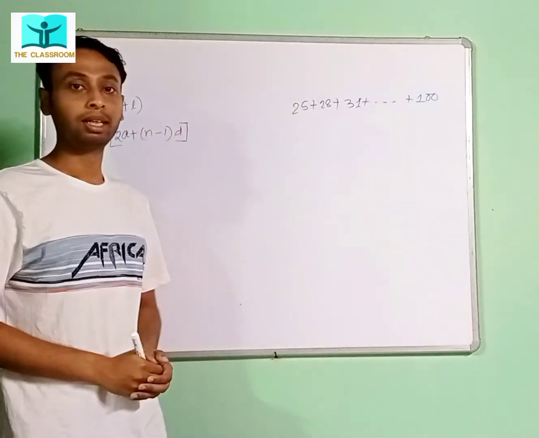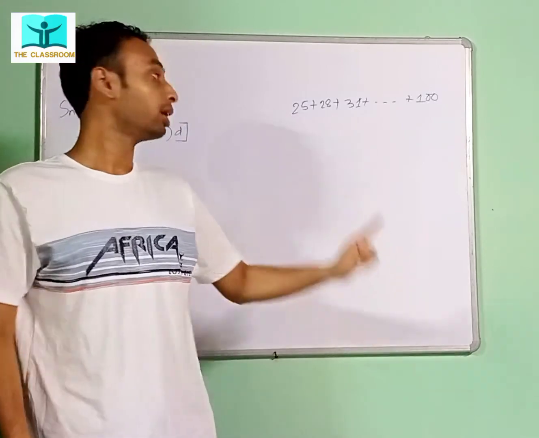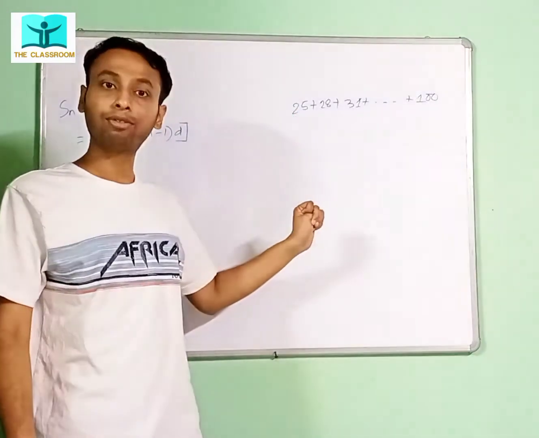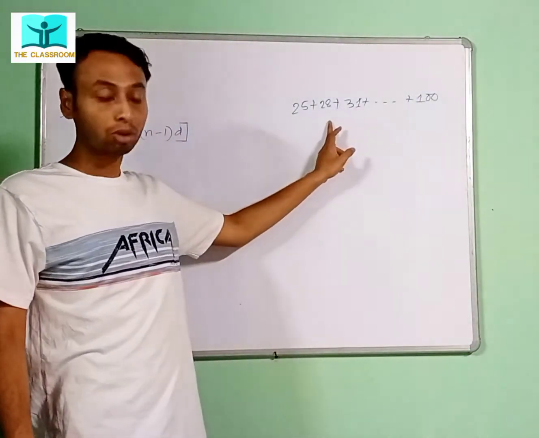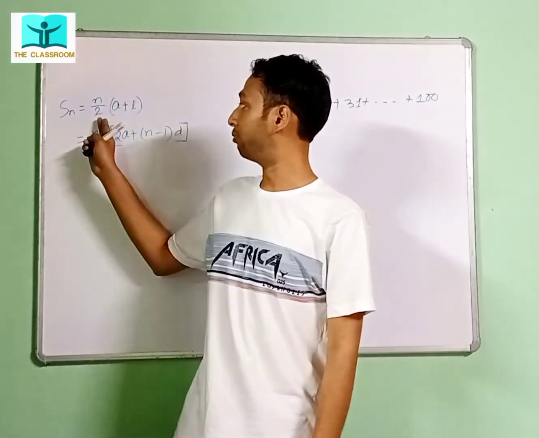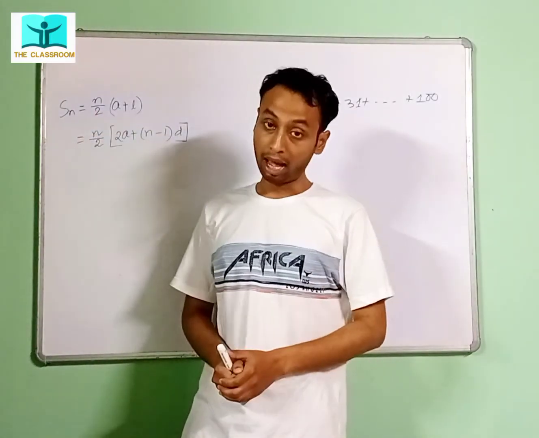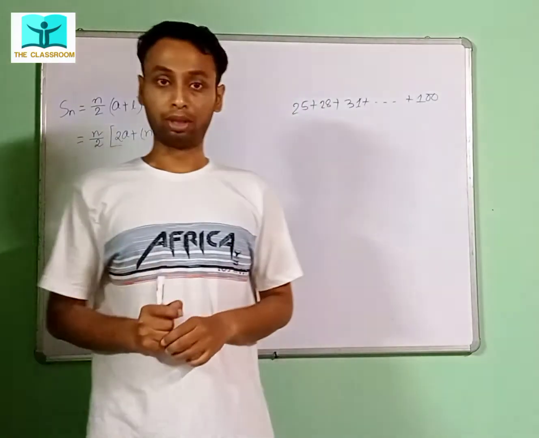From this sequence, I have three pieces of information. A, that is the first term, is 25. L, that is the last term, is 100. D, or common difference, is 3. So using the first and second formula, I can find the total sum of the given sequence.